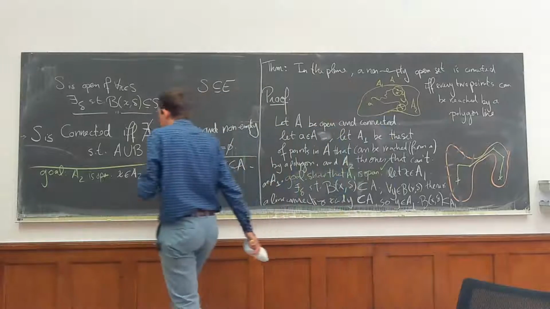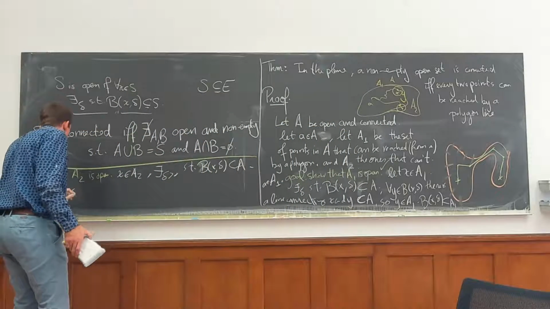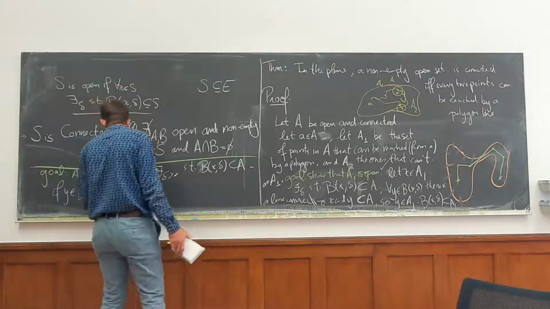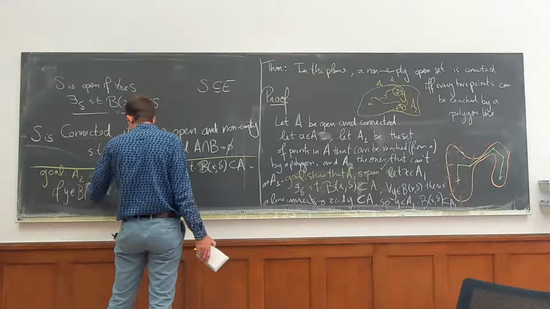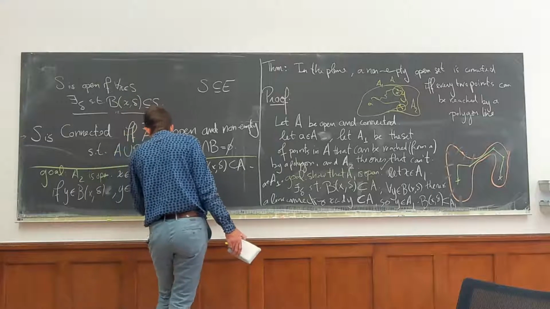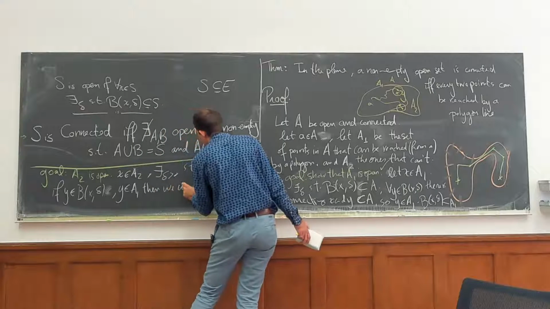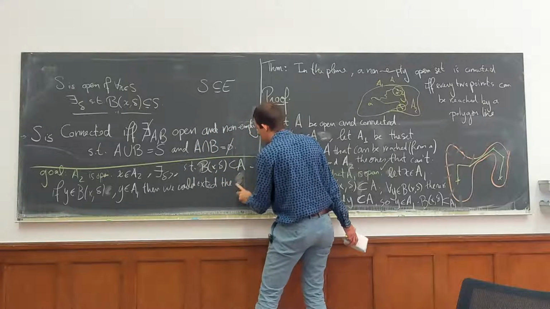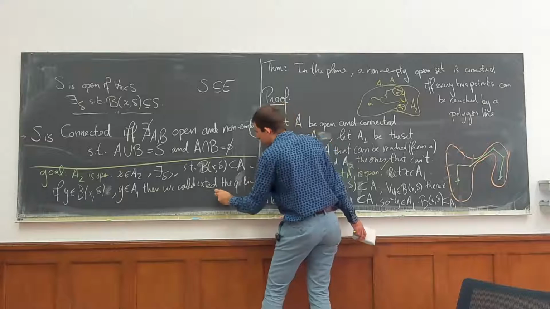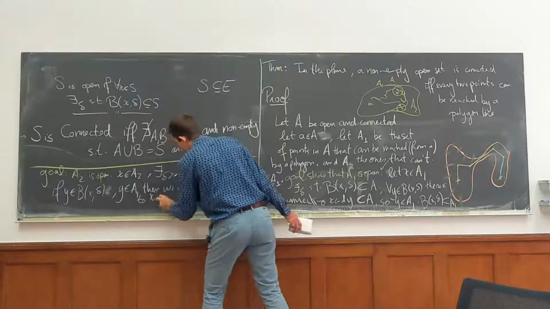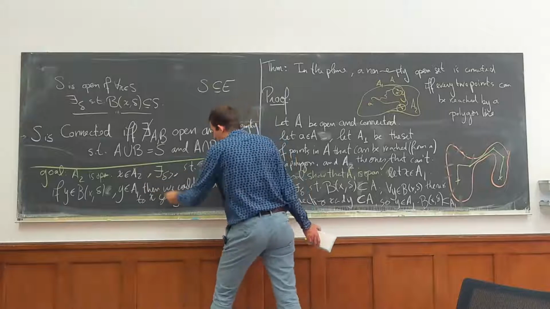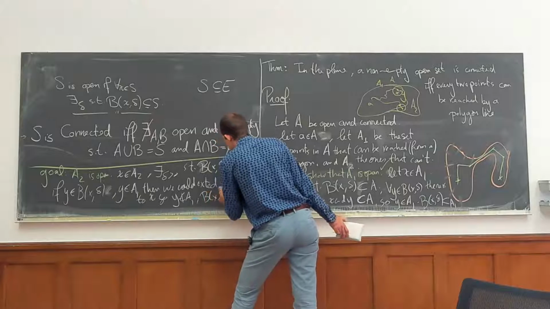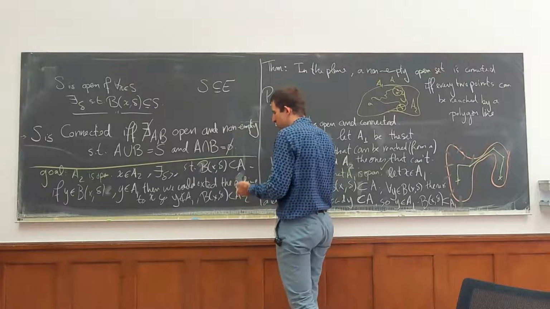So if a point Y inside B(X, delta) were in A1, then we could extend the polygon line to X. So it must be that Y is not in A1, and therefore Y is in A2. So B(X, delta) is inside A2, so A2 is open. So this is done.